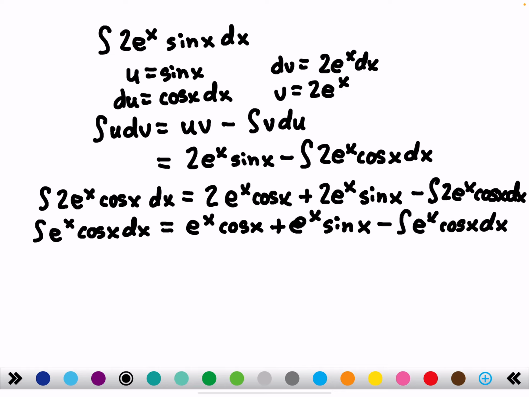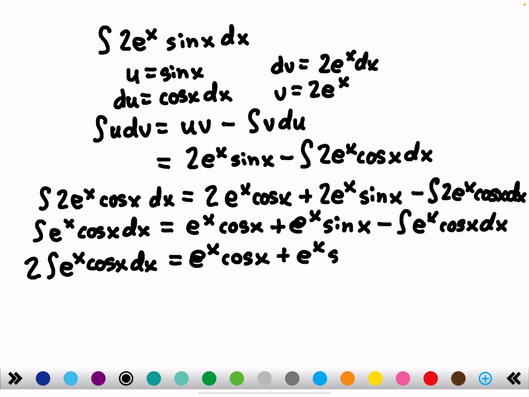Now I can add the integral of e to the x cosine x dx to get all that on the right. So that will give me 2 times the integral of e to the x cosine x dx, which is what I need. So I'm needing to find out what this integral is, so we'll just solve for it. It equals e to the x cosine x plus e to the x sine x. So let's divide both sides by 2.